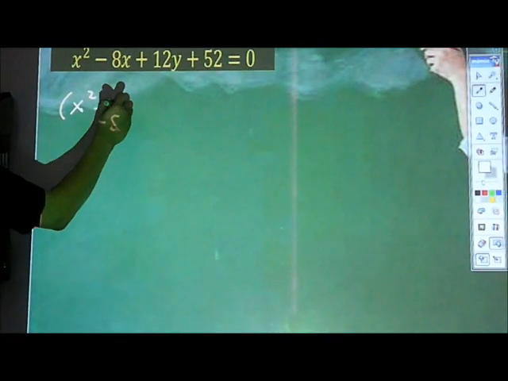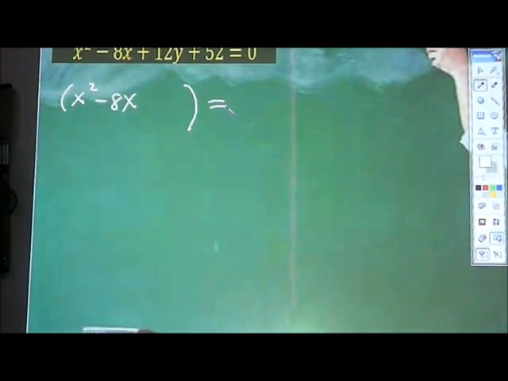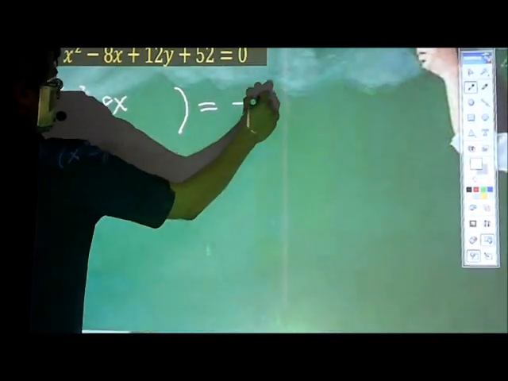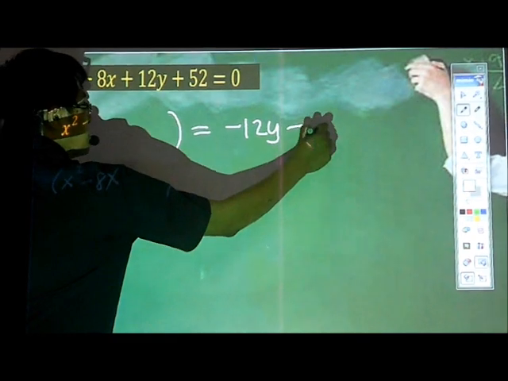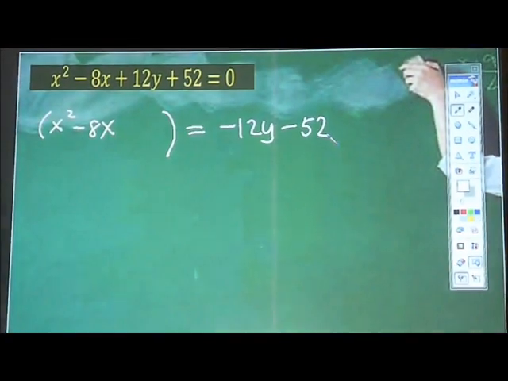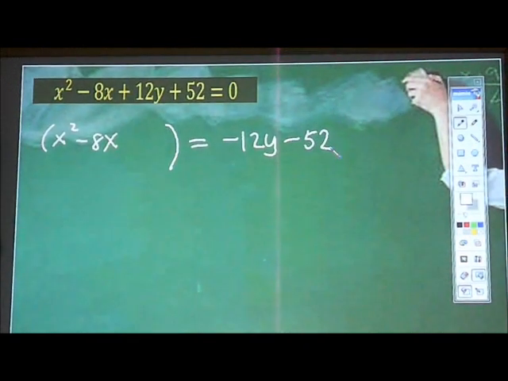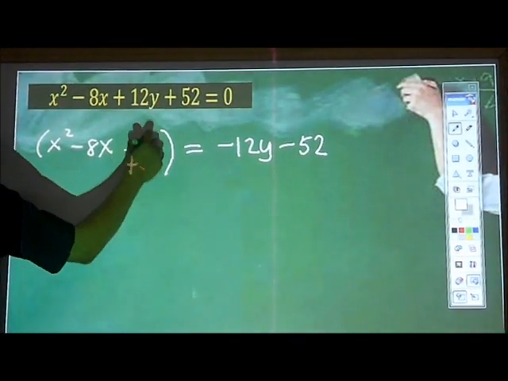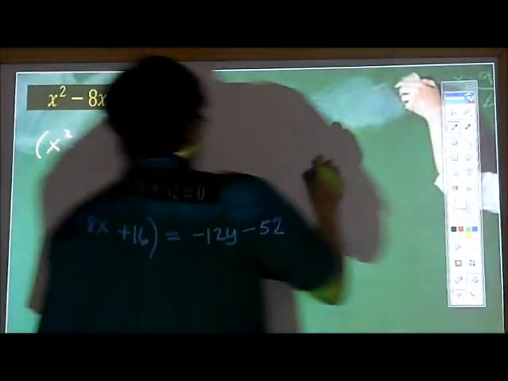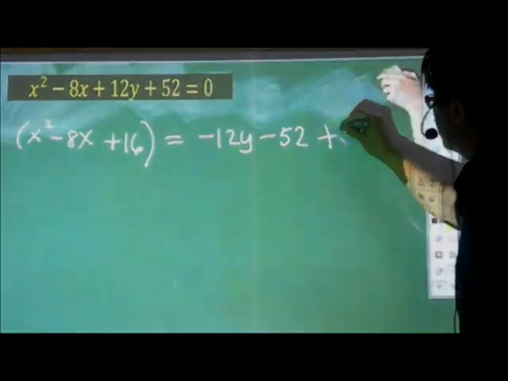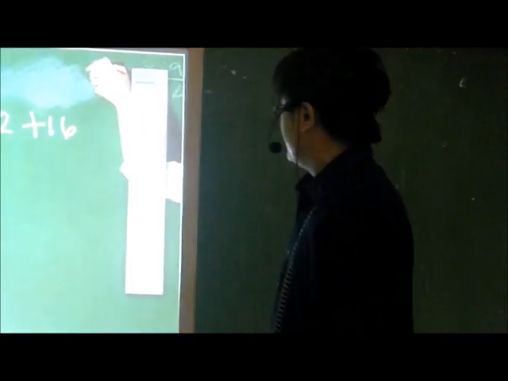So x squared minus 8x, and then transpose all the other terms to the right side. So I have negative 12y minus 52. Now we complete the square. What should we add? Should we add 16? So, add 16 also. Negative 52 plus 16 is negative 36.